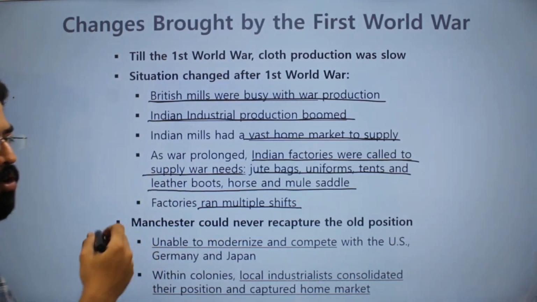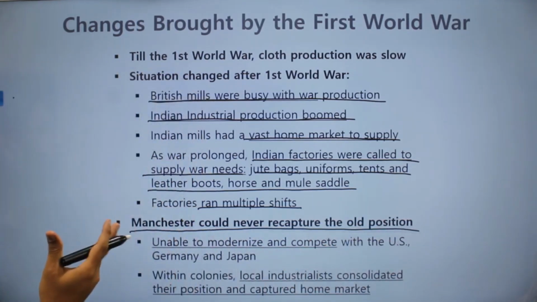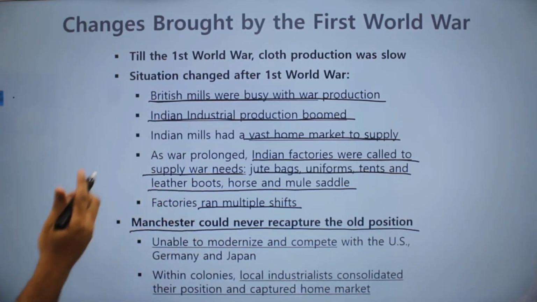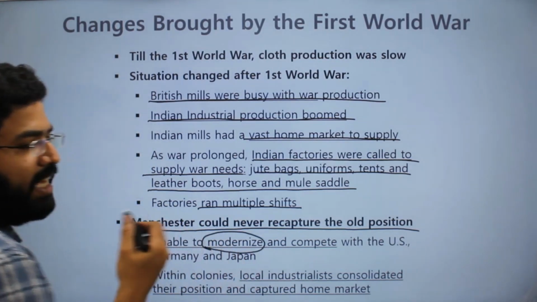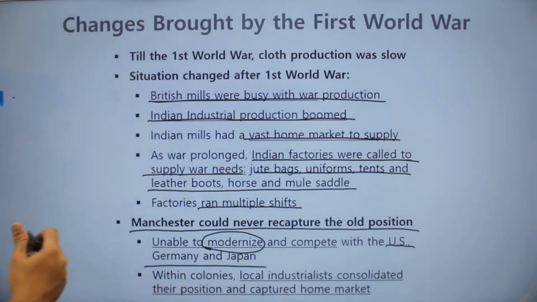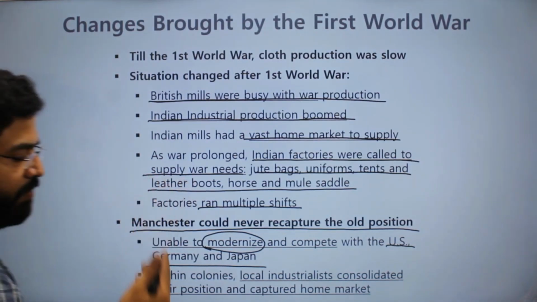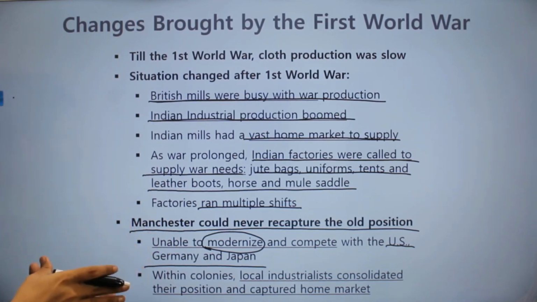This led to a situation where these Indian mills started flourishing. And once the World War was over, the Manchester companies could not recapture the old position that they had. The reasons were many, one of them being that they could not modernize and compete with the US, Germany and Japan. The US, Germany and Japan had taken a lead over the Manchester material. Hence, they could not compete on the global level.